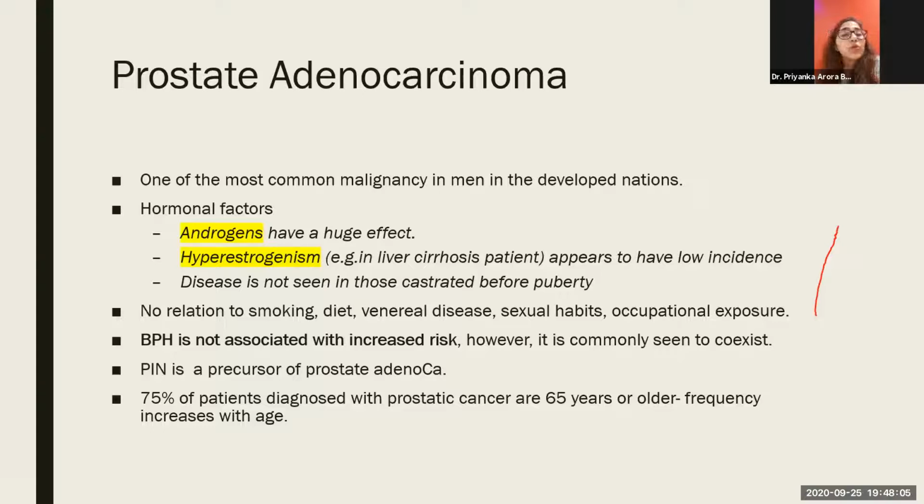And we'll talk about what we call those carcinomas that we find incidentally on a TURP specimen done for BPH. Okay, and other than that, you have PIN, that is prostatic intraepithelial neoplasia. That's a precursor lesion for prostate adenocarcinoma, and PIN is low grade and high grade, and we'll be talking about that also in a few minutes.